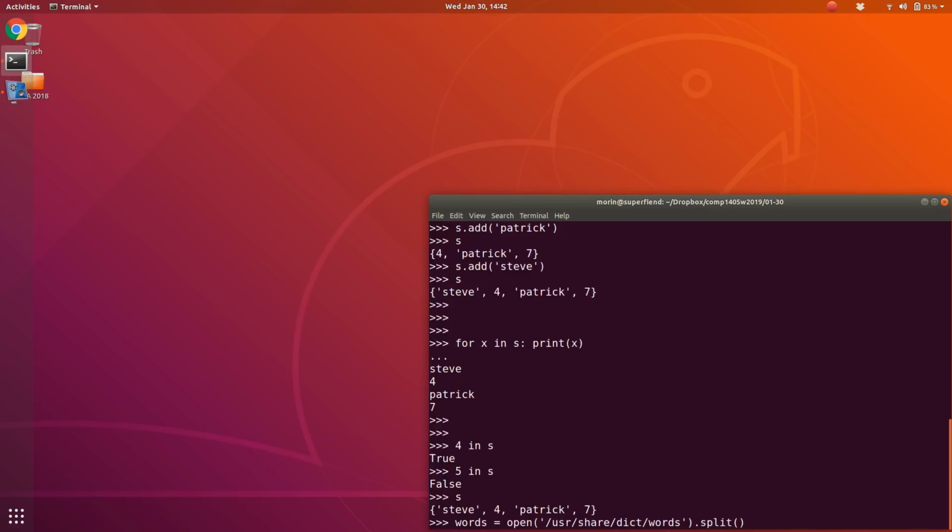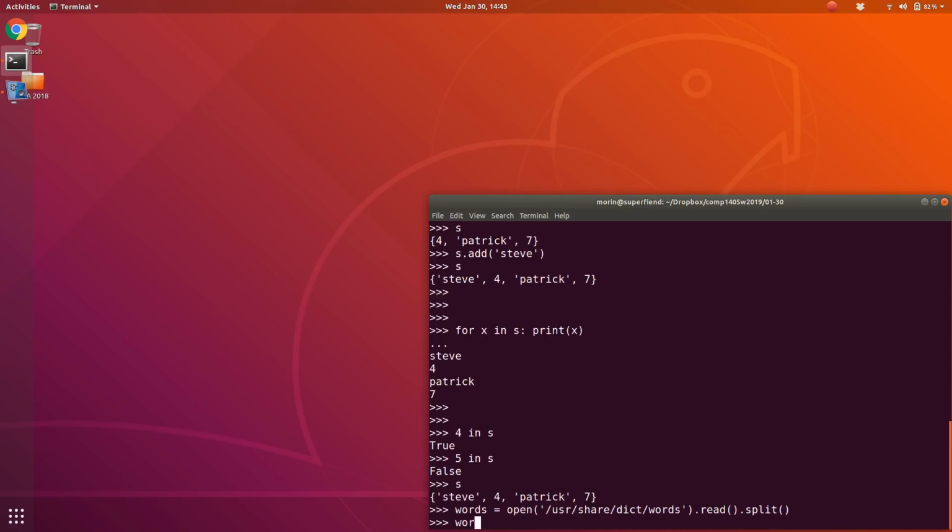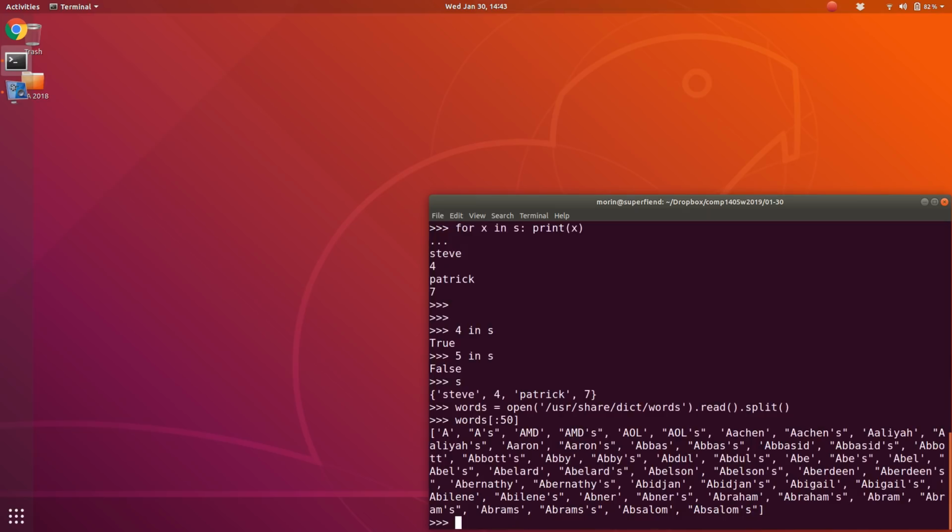So remember on my system, and you can download the same file, there's this dictionary used for spell checking, and it's in this file called words in some particular directory, /usr/share/dict. So I'll open it, and I'll read it, and then I'll split it up into its individual words. So let's make sure I got that right. So the first 50 values in there are all these words that start with A.